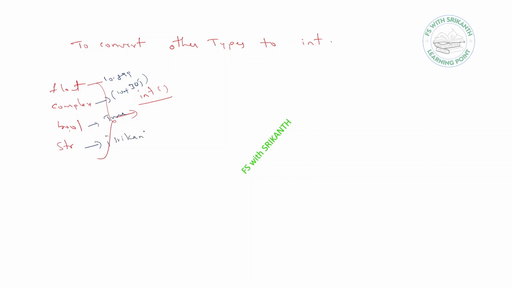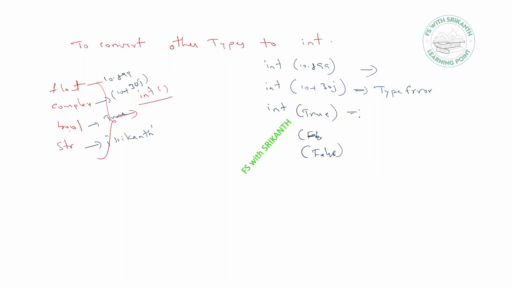Observe the first one: float is allowed, int of 10.899 works. But when you do int of a complex number, it is a type error. Boolean true and false give 1 or 0, since internally true and false are stored as 1 and 0.